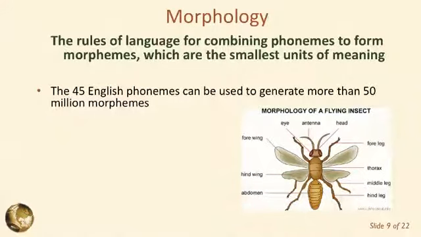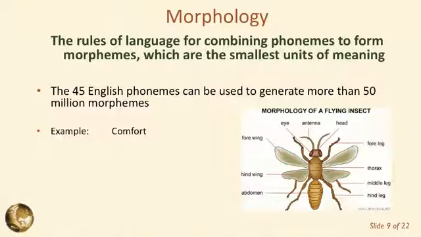We saw before that there are 45 phonemes in English. Remember, that's the smallest possible unit of sound. And those generate a number of different possible morphemes. And let's look at an example. You have the word comfort. Well, com and fort by themselves, in the sense that they're used in that word, don't have any separate meaning.